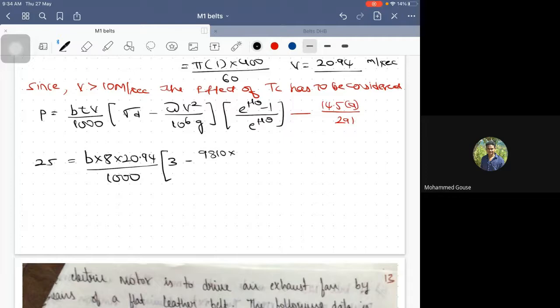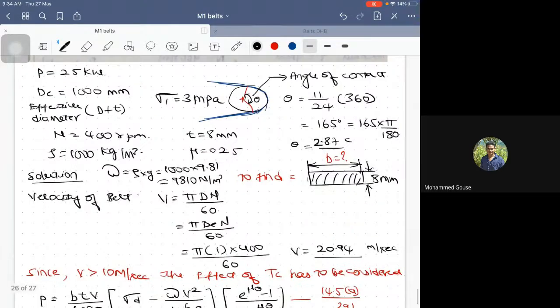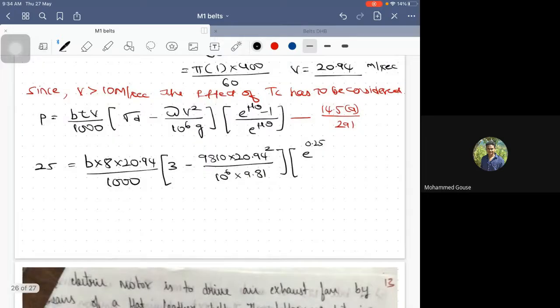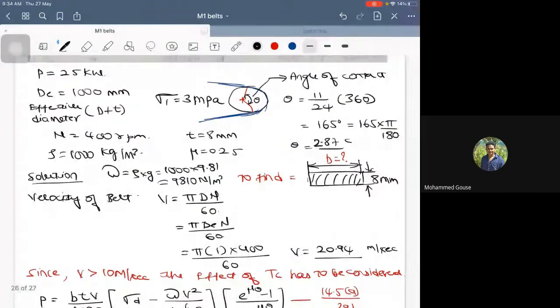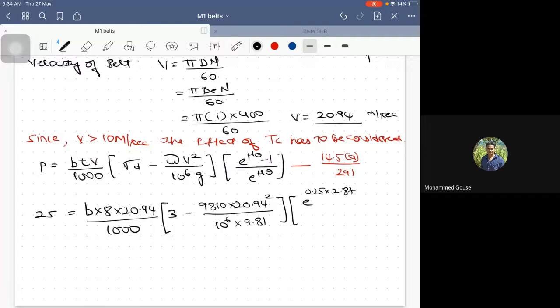Substitute the same value: 9810 cross V square. So V is again 20.94, its square, divided by 10 to the power of 6 into 9.81. Okay, into e to the power of mu theta, where mu is given as 0.25, and theta we have calculated to be 2.87. Minus 1, divided by e to the power of 0.25 into 2.87.